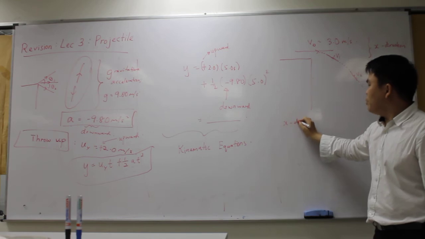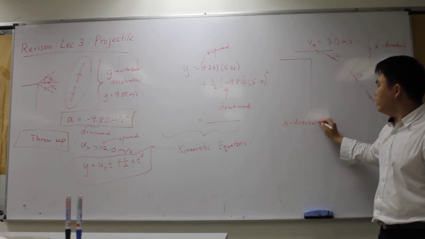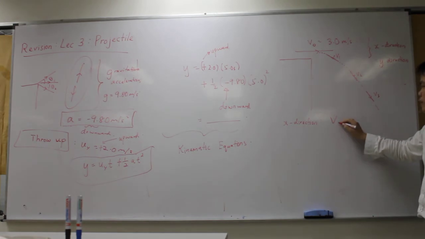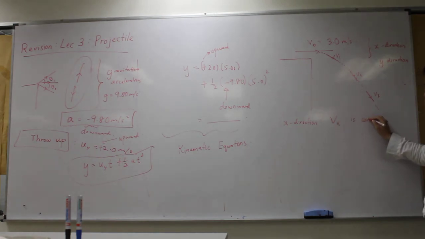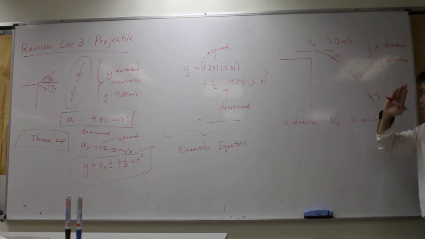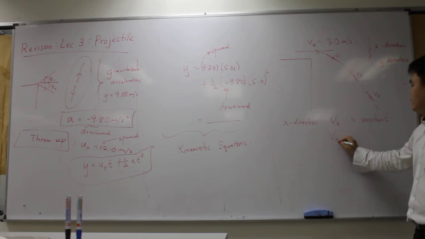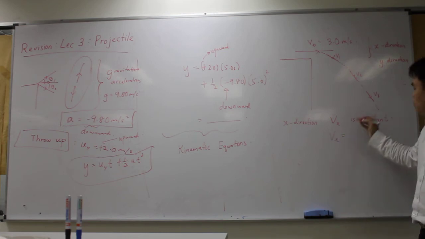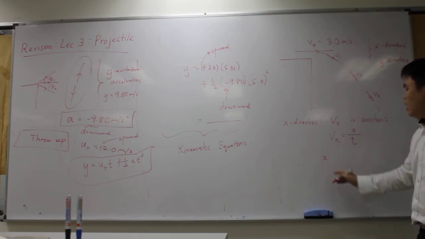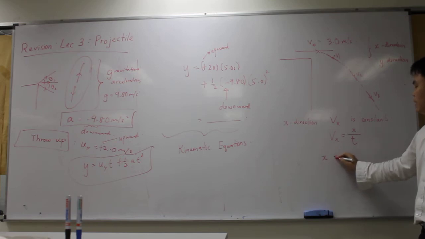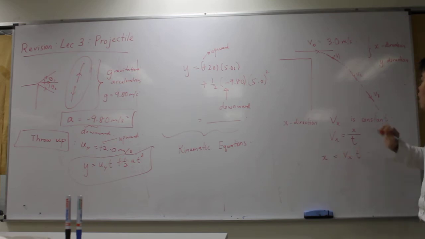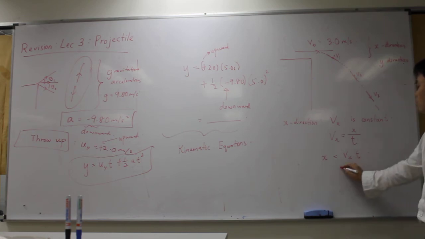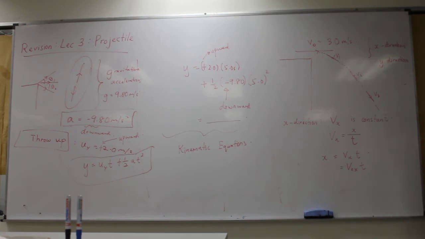For the x component, Vx is constant. From just now, when the velocity is constant, we can use Vx equal to x divided by t, so the horizontal displacement is just Vxt, which is also V0xt, where V0x means the x component of the initial speed.